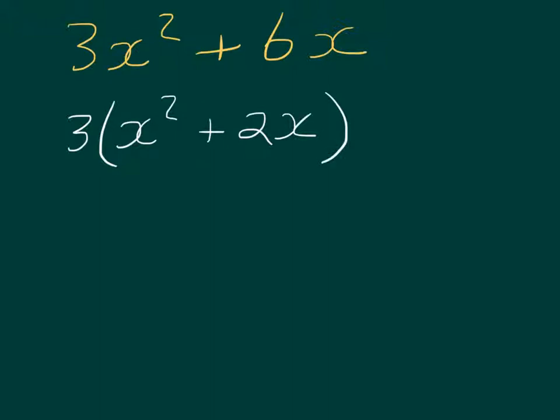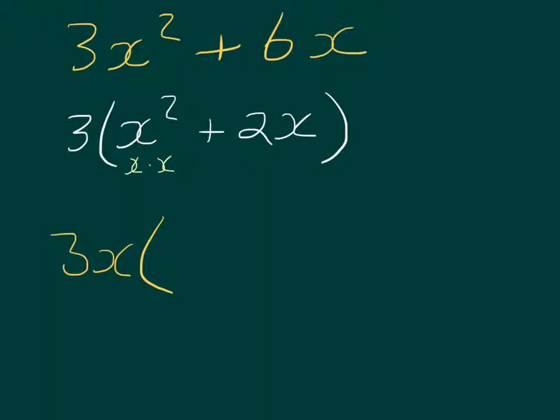But now, we need to take out the highest common factor. So we take out a number, but we can also take out a variable as a common factor. If we look here, we have x squared and we have an x. This x squared is actually x times x. So here I have 2 x's and here I have 1. So I can take out one of those x's, leaving me with 3.